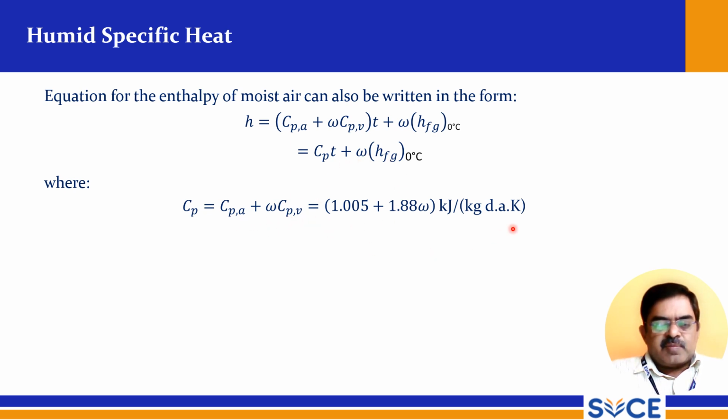We can use this formula for the Cp calculation, that is 1.005 plus 1.88 omega in kilojoules per kg dry air Kelvin. In terms of imperial, you can reduce to this.